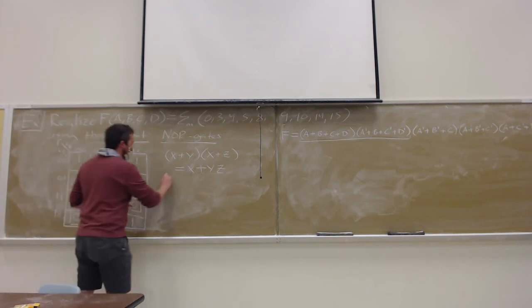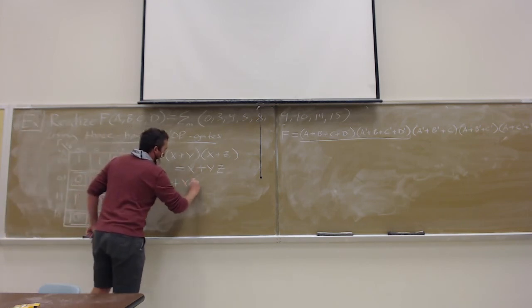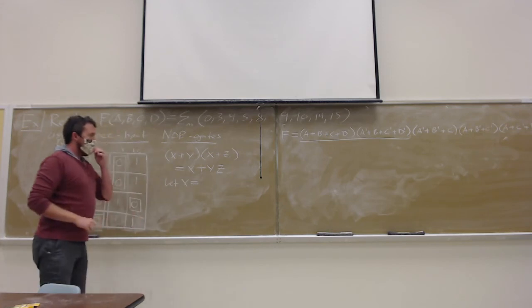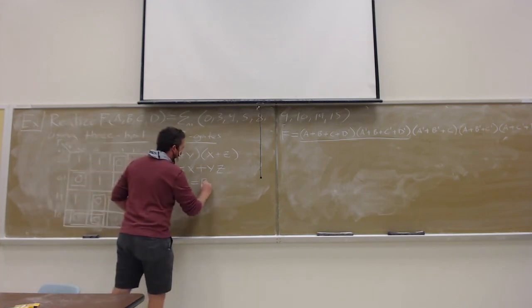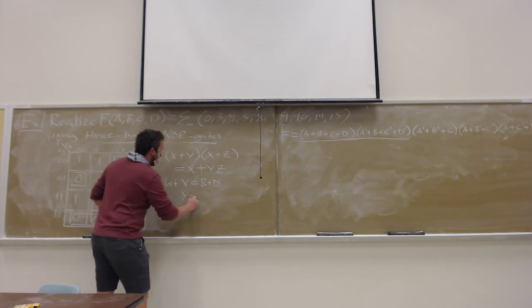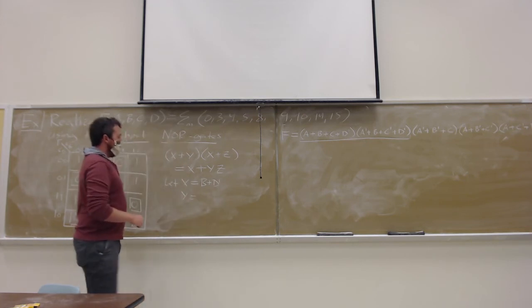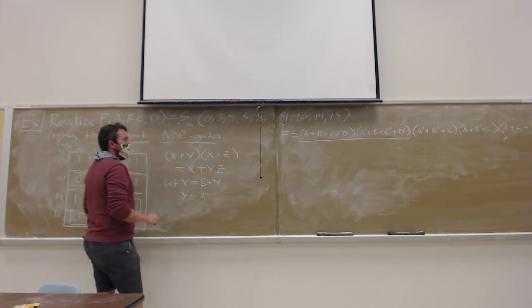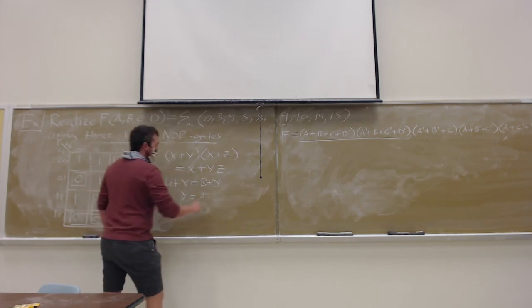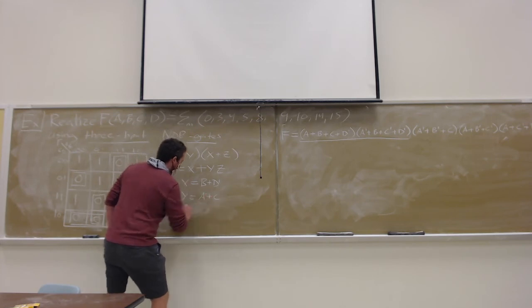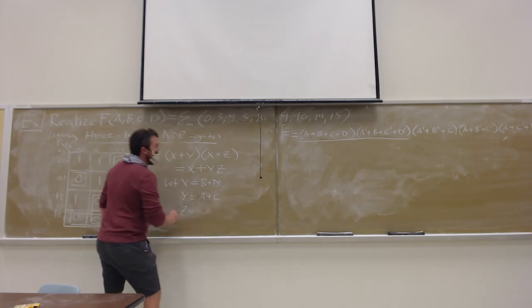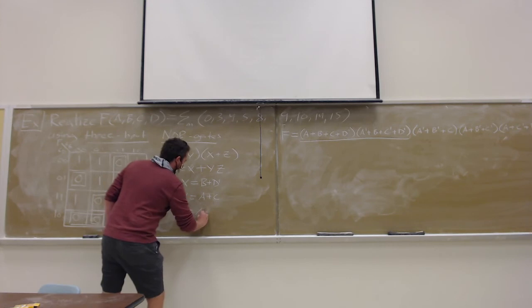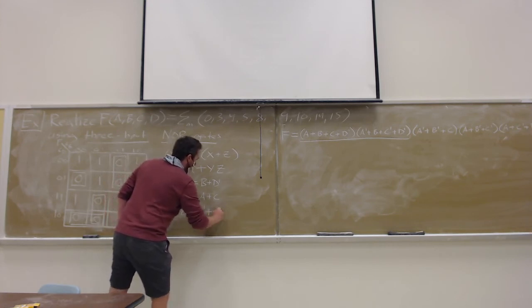In which case, now, we're going to say let x equal what? B or D prime. Which means y is going to be A or C, and z is equal to A prime or C prime.